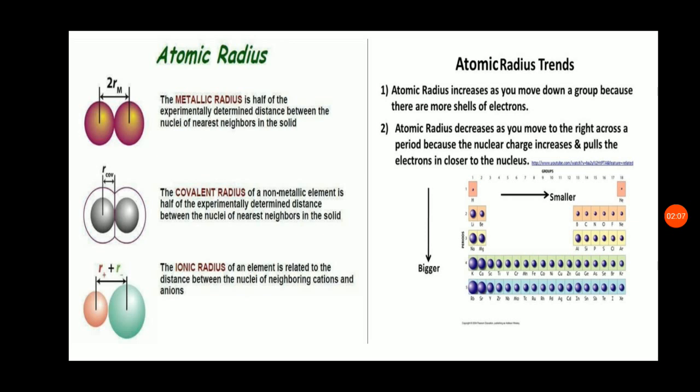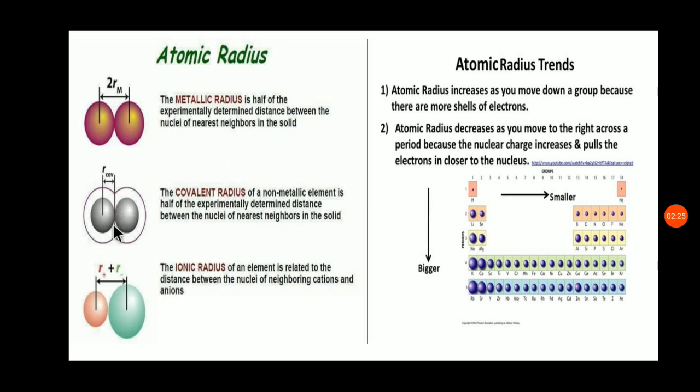What is metallic radius? The metallic radius is half of the experimentally determined distance between the nuclei of nearest neighbors in the solid.